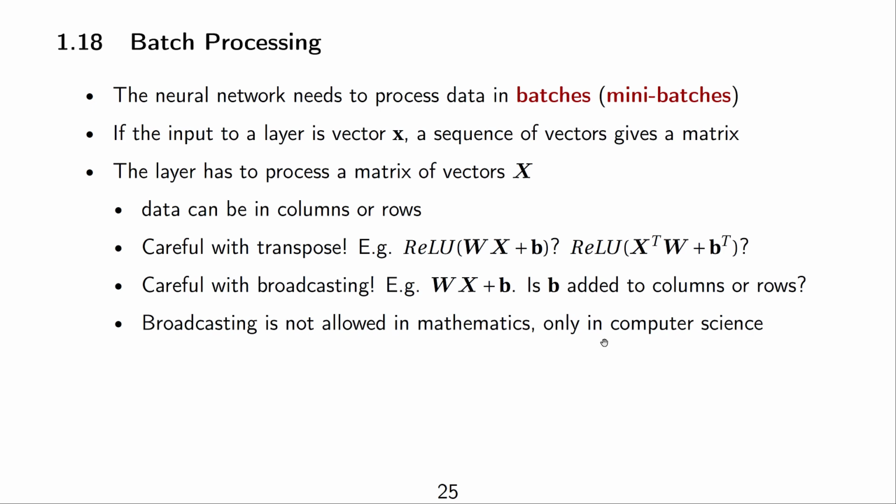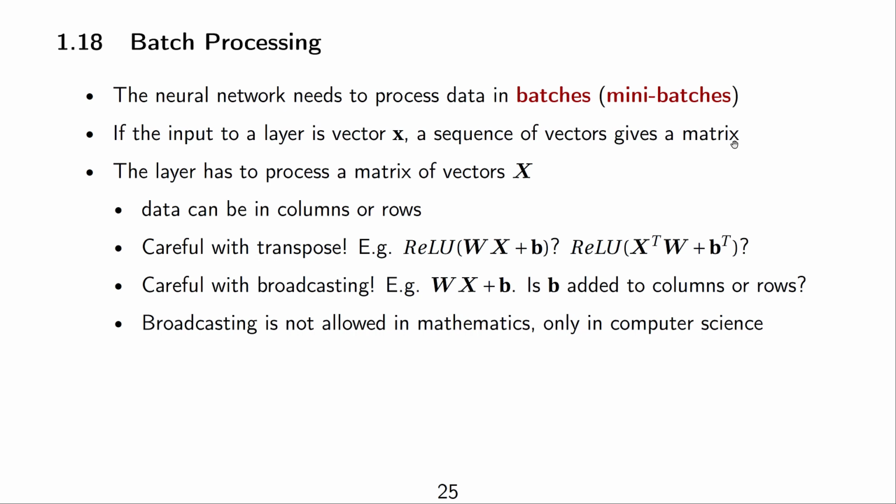All right, there's another bit of complication, which is batch processing. The neural network will need to process data in batches or mini batches, something we'll also discuss later. Just think of it now as a sequence or a set of input vectors. If the input to a layer or the network is a vector x, then a sequence of those vectors would be a matrix.